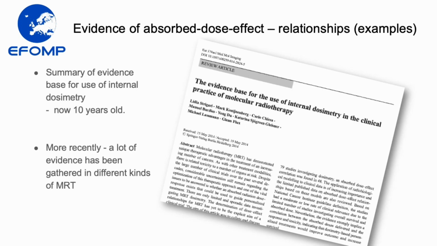Is there no evidence of relationships between absorbed dose and effects in patients? Well, yes, there is. This is a summary paper of the current evidence in 2014. So it's now 10 years old. But more recently, a lot of evidence has been gathered in different kinds of MRT.